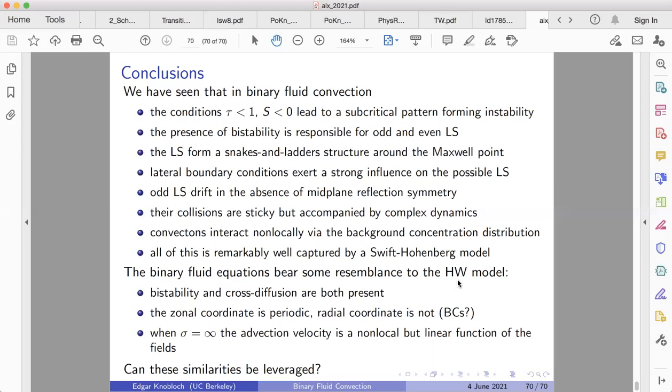But fundamentally, the reason these localized states are there is because they locally mix up the concentration, thereby reducing the stabilizing effect of the concentration and kind of building a nest for themselves, right? They dig a hole in the concentration gradient, and then the concentration gradient confines them, right?